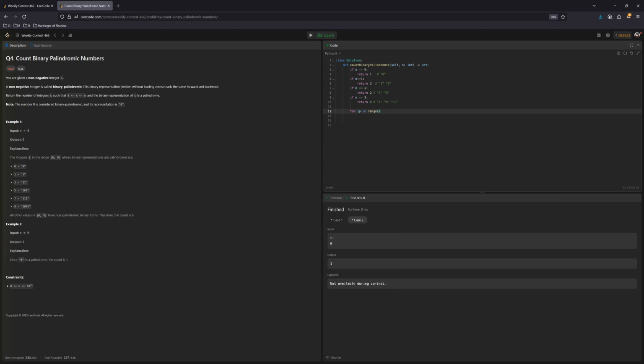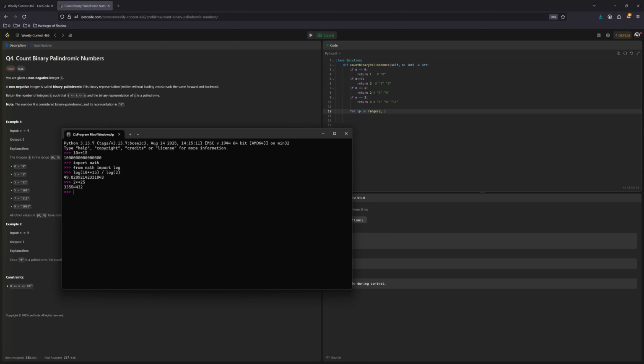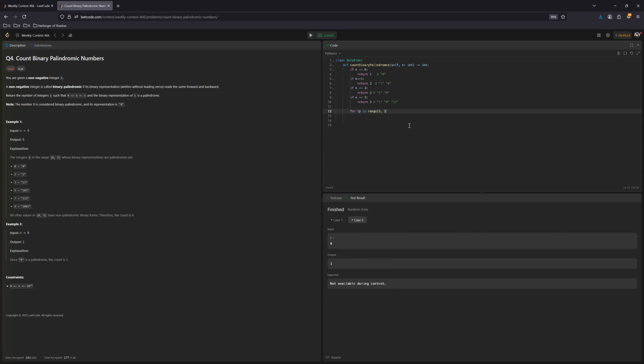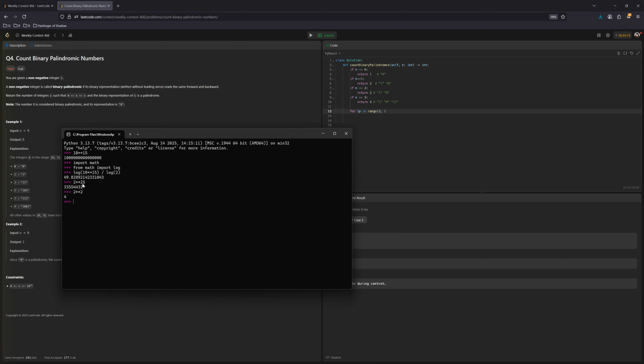For left power in range 2, because 2 to the 2 is 4, yeah. To, I don't know, what did we decide? 25? 2 to the 26th is greater than 10 to the 15th?